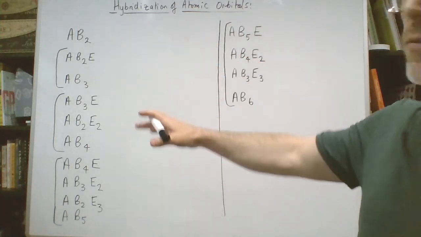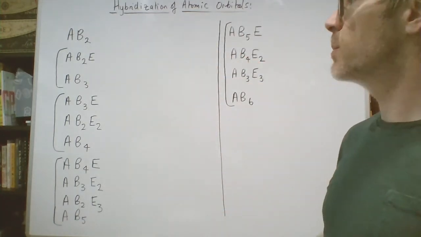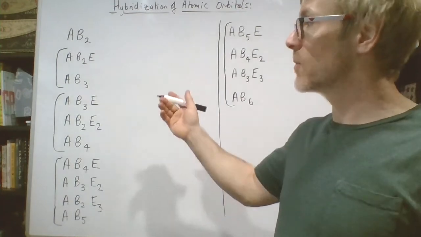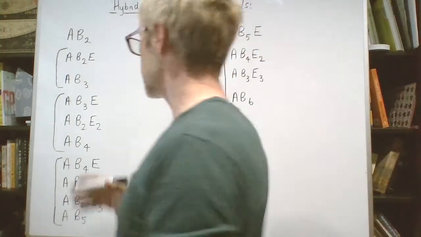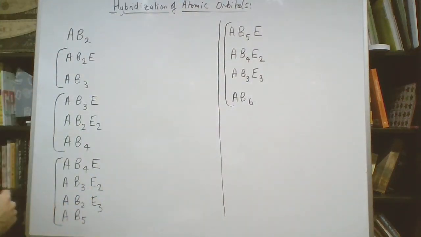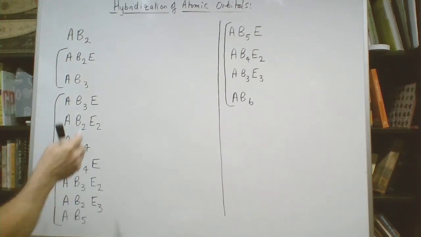So here A represents the central atom, B represents the non-central atom, and E represents the lone pair of electrons. So we can see the hybridization needed for these common structures that you might find. So an AB2 system, all we're doing here is looking at the number of electron groups.